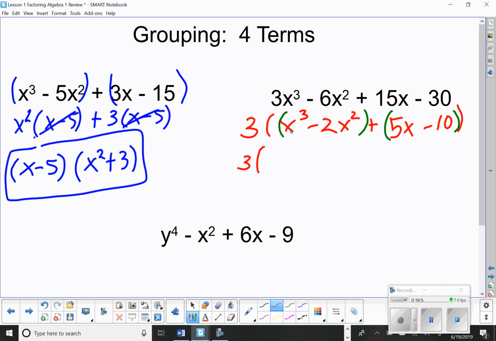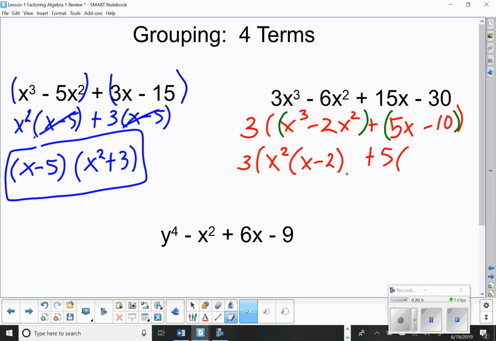And then here, x cubed, x squared, I can get an x squared out. And that leaves me with x minus 2. Then I have my plus, and then I have 5 comes out of this one.